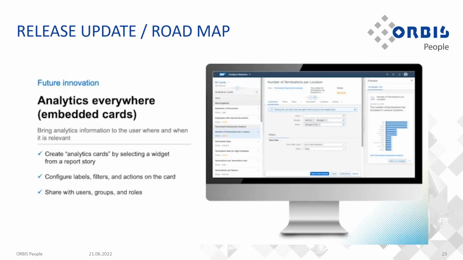Then this is probably the most exciting feature for me personally. There's a plan to do embedded cards. So there will be different points in SuccessFactors where you get a little card or a snippet of one chart, and you probably have a link below where you can click and get into a full story report.